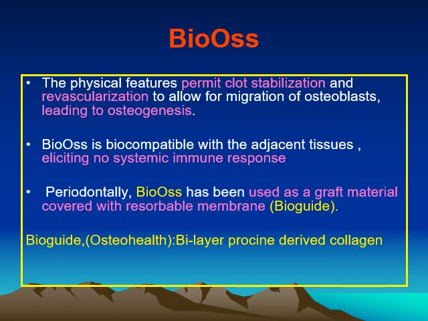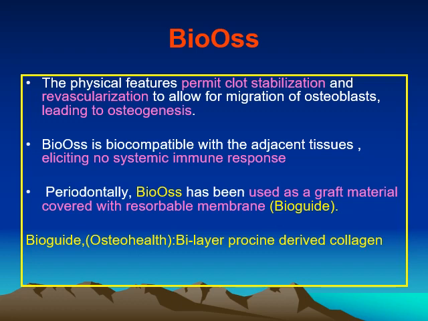The physical features permit clot stabilization and revascularization to allow for migration of osteoblasts leading to osteogenesis. Bio-Oss is biocompatible with the adjacent tissues, eliciting no systemic immune response.